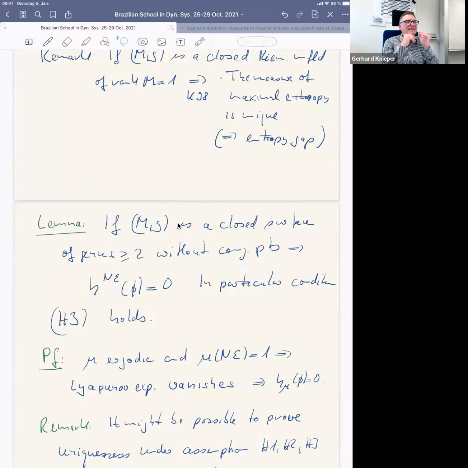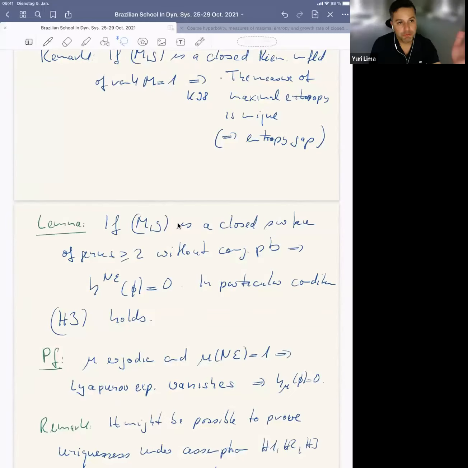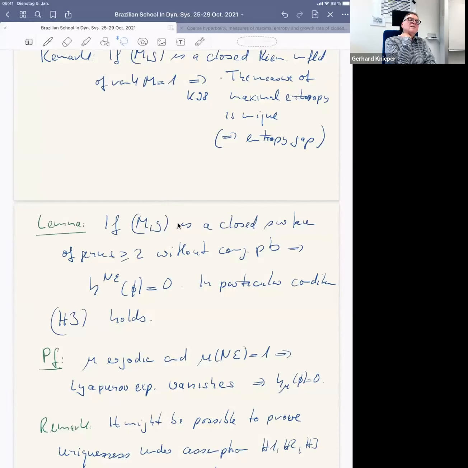We have it, because the same argument provided by Babillot works also in this case. So we actually get that it's either Bernoulli or Bernoulli times a rotation. In case you know, for instance by Babillot, that it's mixing, then necessarily it will be Bernoulli. So we can go all the way to Bernoulli.